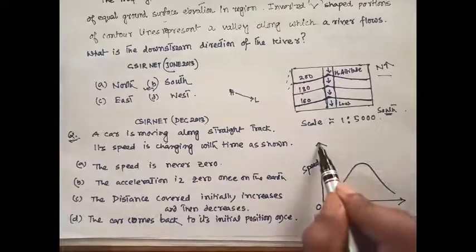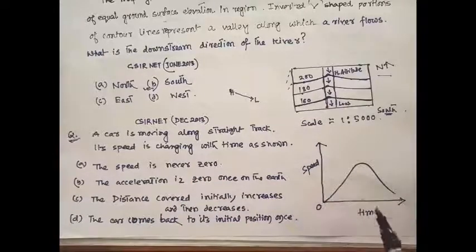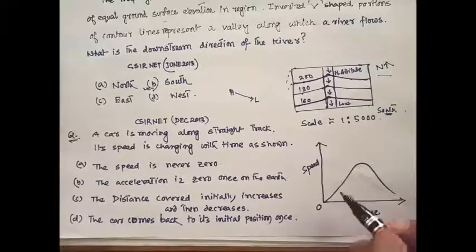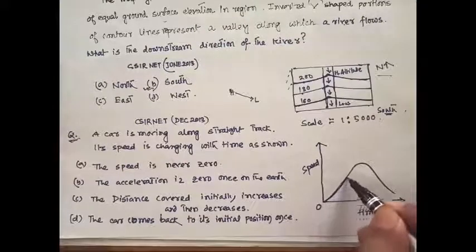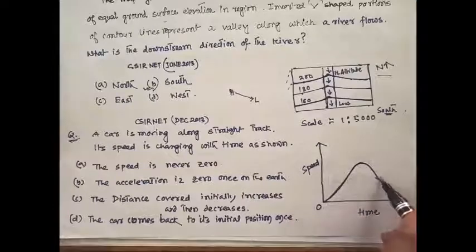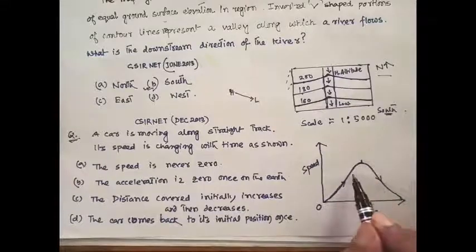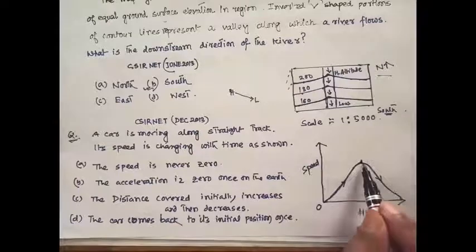So first we check the graph, the speed versus time graph. You see the speed is first increasing, then it starts decreasing this way with time. In this case the increase of speed stops here.